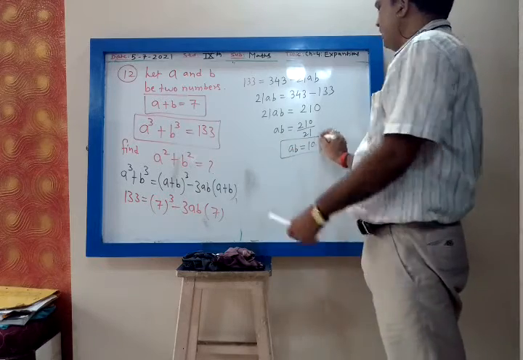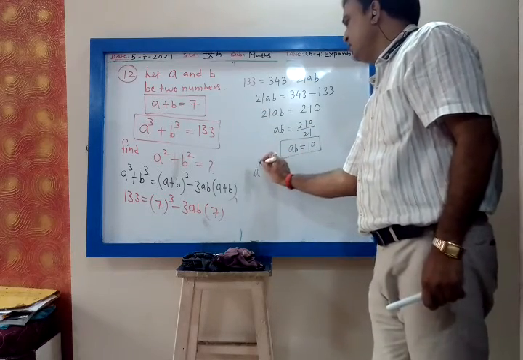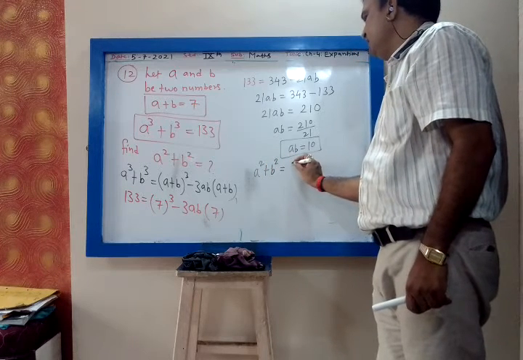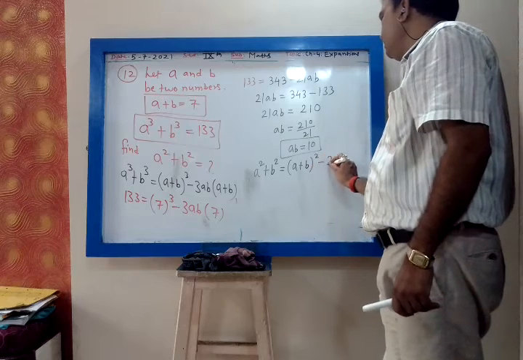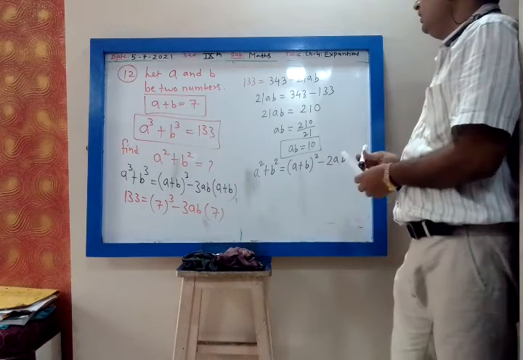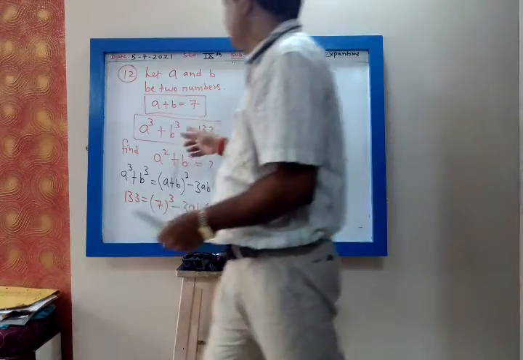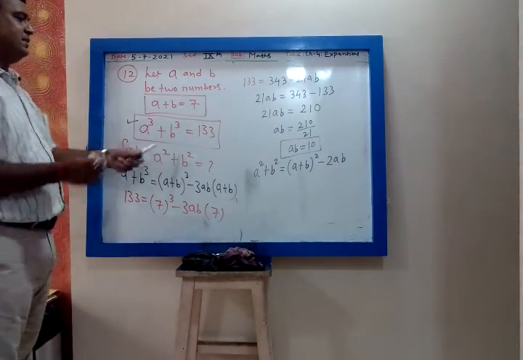So we have found the product. Now we want to find a square plus b square. So we use the direct formula for a square plus b square. What is that? (a plus b) whole square minus 2ab. Yes or no? 133 is given in the question. The sum of the cubes is 133.